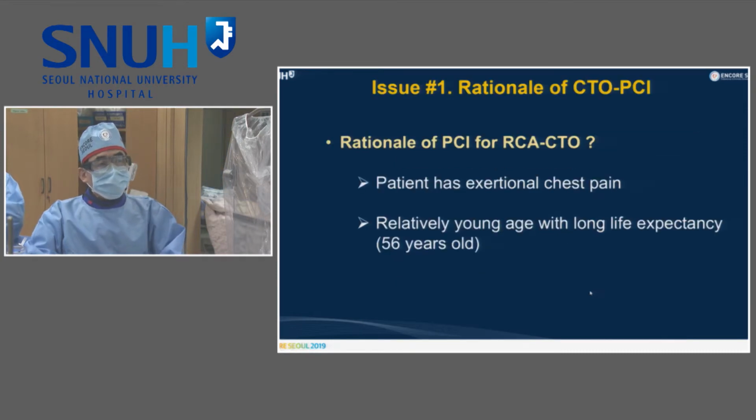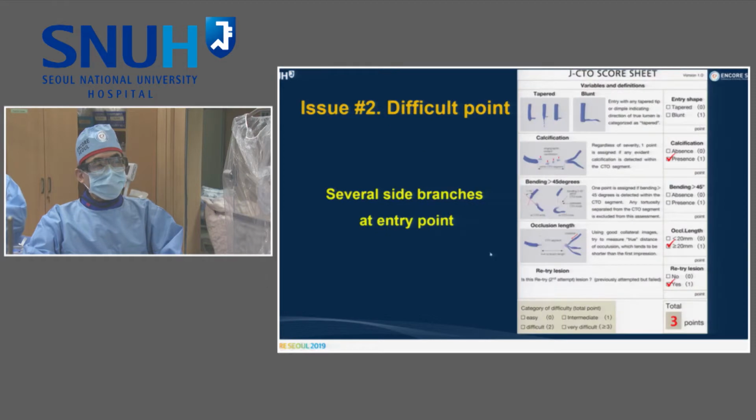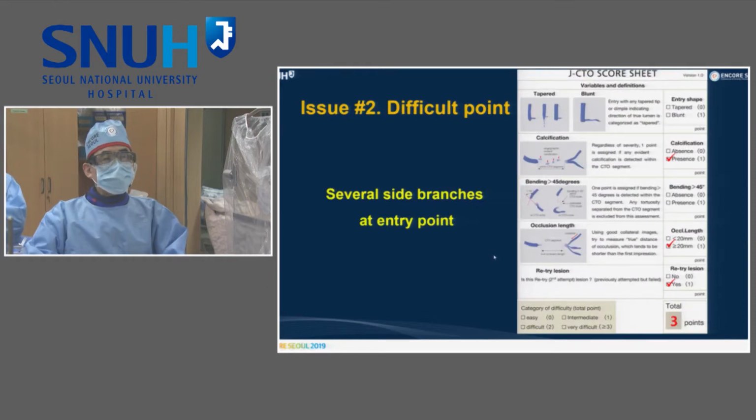Rationale: chest pain, symptomatic, normal myocardium, young age, thus we have to do CTO intervention. The technical difficult point is shown here. According to the J-CTO score, this patient meets 3 points: a little bit calcified, long, and a failed case.